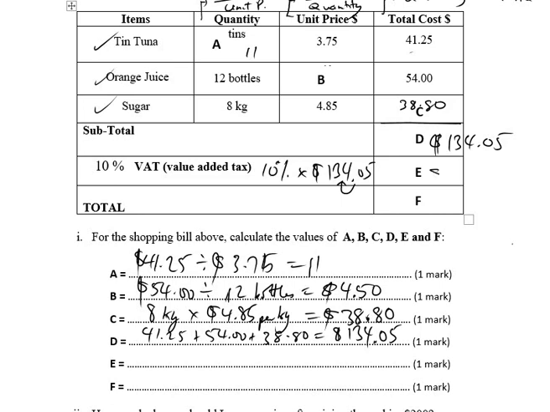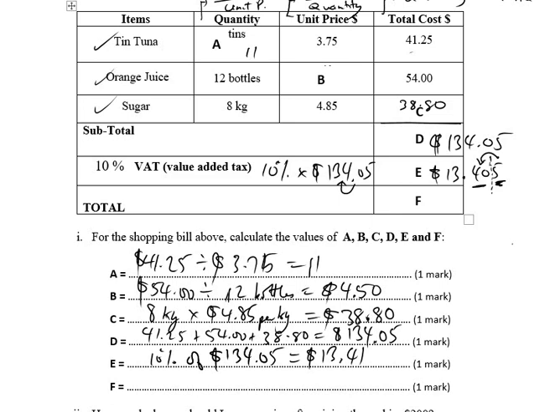So that's going to be $13.405. Of course, you're going to chop this off because you want 2 decimal places in currency, in money. So when you chop the 5 off, it's going to be $13.41, not 40 cents, because since this is 5 or more, you're going to add 1 to the 0. So 10% of 134.05 is equal to $13.41. Okay, so you want to make sure you add a 1 to this 0.